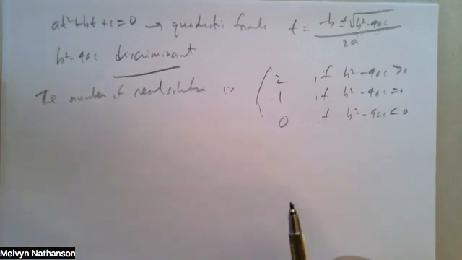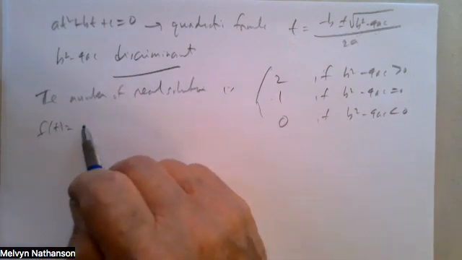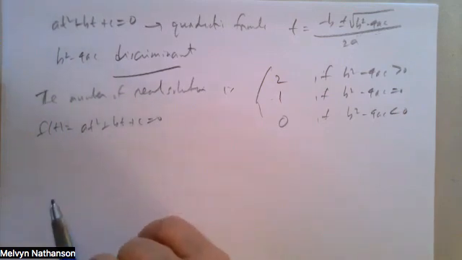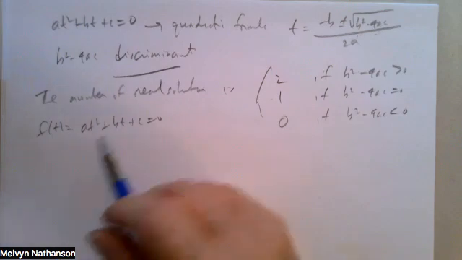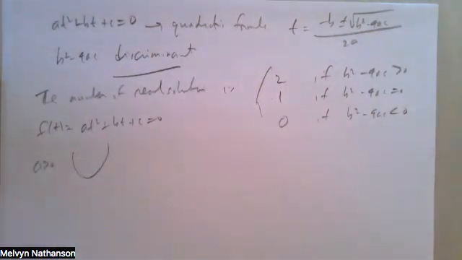Let's see, there's one other thing we can say. The function f of t equals at squared plus bt plus c. So if a is positive, the graph is a parabola going up.